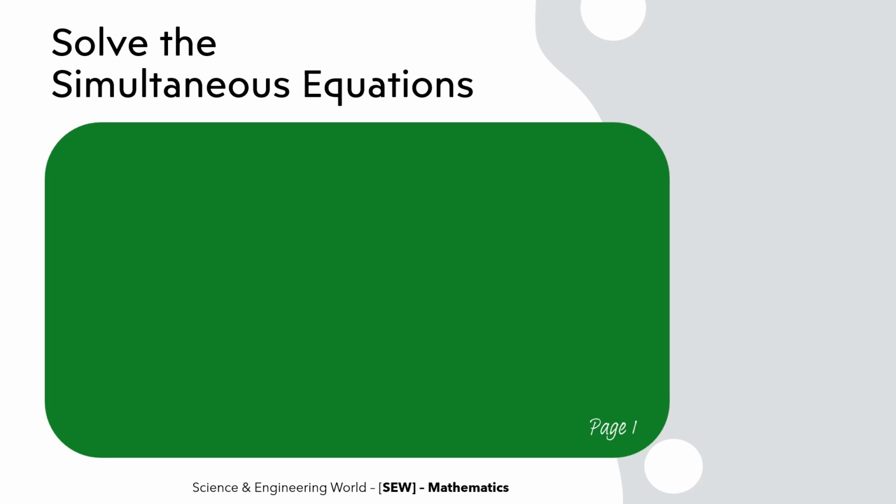Now let us look at a very good example of how to solve a simple simultaneous equation using elimination and substitution methods. In this example, we have an expression like this with x and y. And like I said earlier, we need another expression to be able to solve x and y completely.